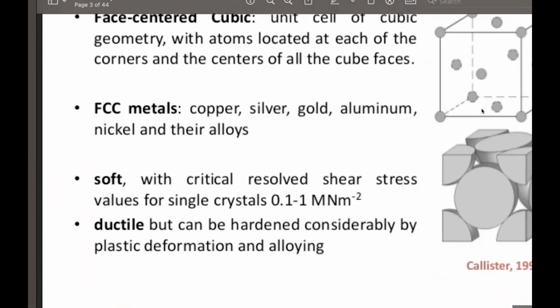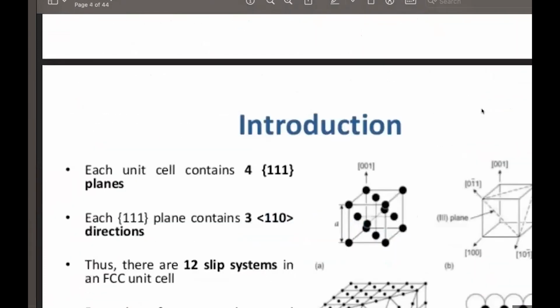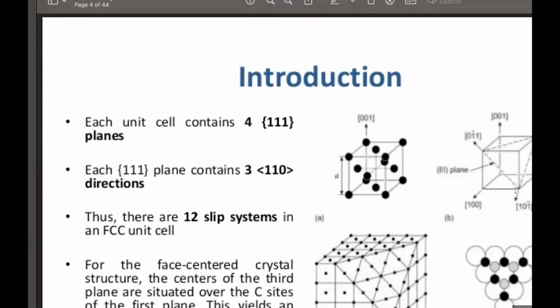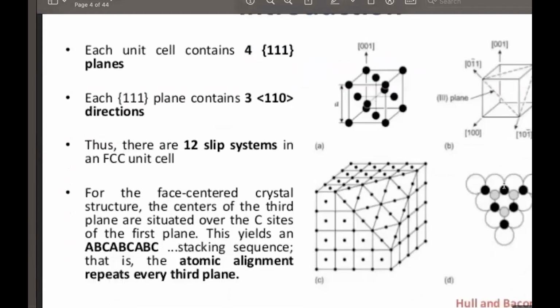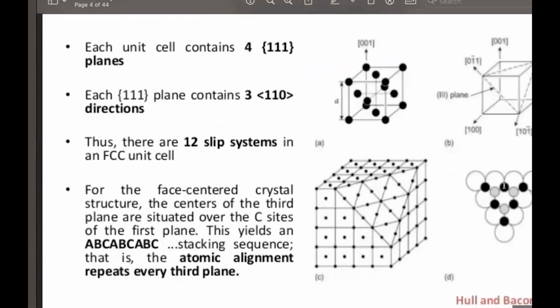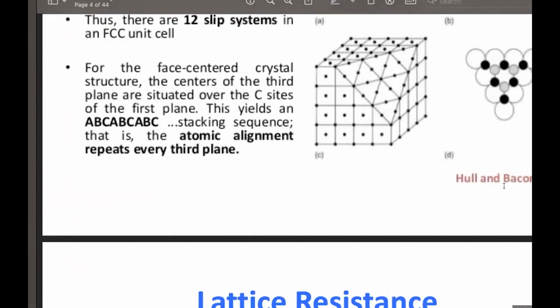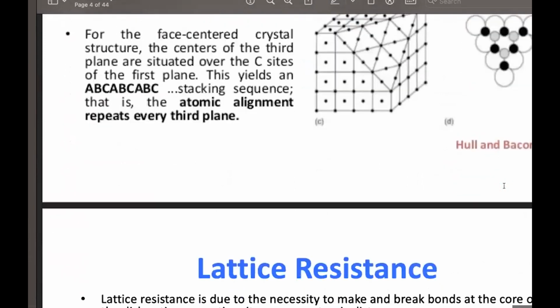We have 4 111 planes and 3 110 directions. These are the directions, 110 directions, 001, 010, 100, and the plane is 111. And in FCC, we have 12 slip systems, and the stacking sequence is just ABC.